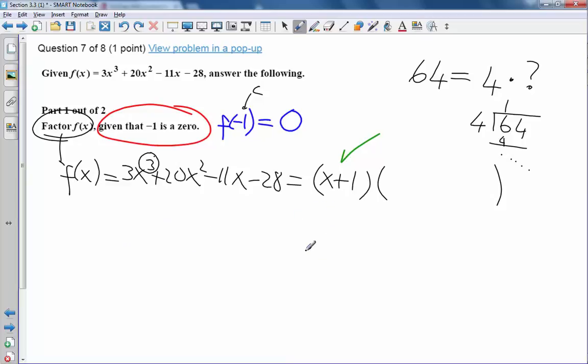Do synthetic, but is this suitable for synthetic? Yes, because it's just x and a number. So I'm going to set up my equation. This is 1. Am I taking it 1 here? No, we take the opposite, -1. And then, what do you want?